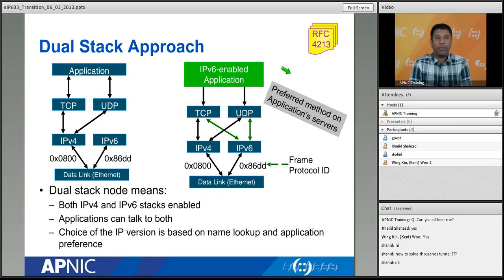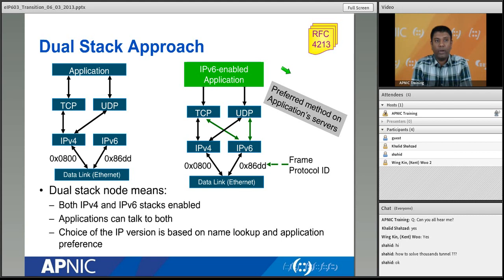In the dual stack approach, your application will determine what your preferred transport will be. Is it V4 or V6? Mostly it depends on the OS implementation, and the application will determine. Normally they support V6 as the preferred transport. But recent OS implementations don't rely on V6 transport.